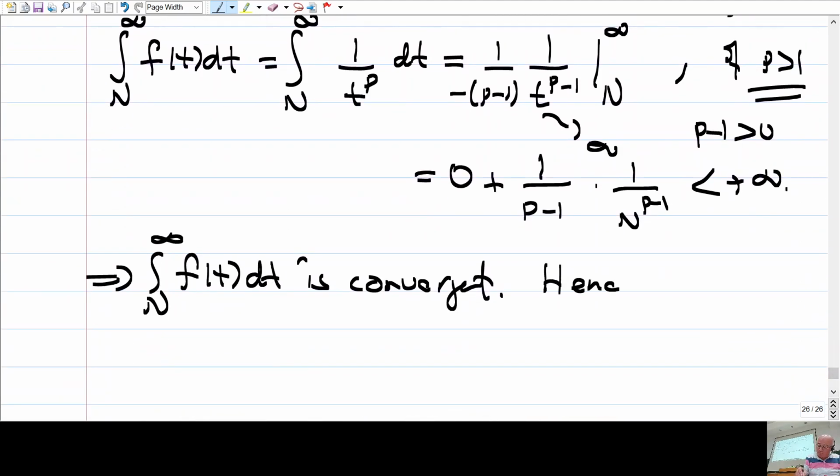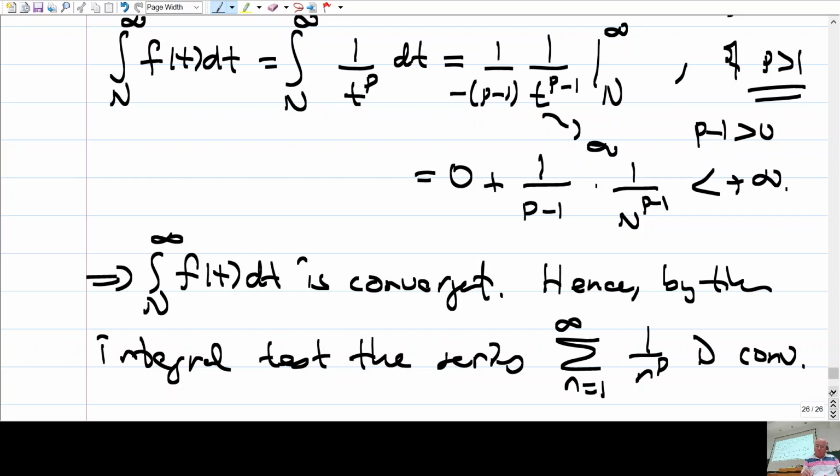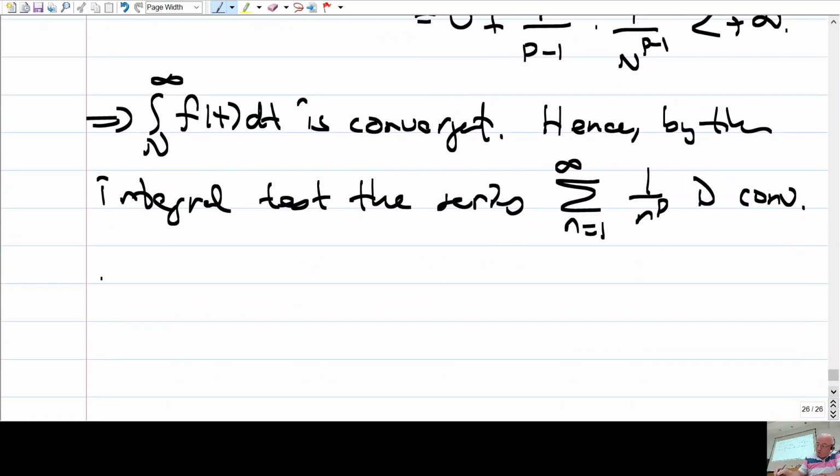Hence, by the integral test, the series is convergent. We have to also consider the case where p is less than or equal to 1, but let me do it later. Case 2: p is less than or equal to 1 and positive.